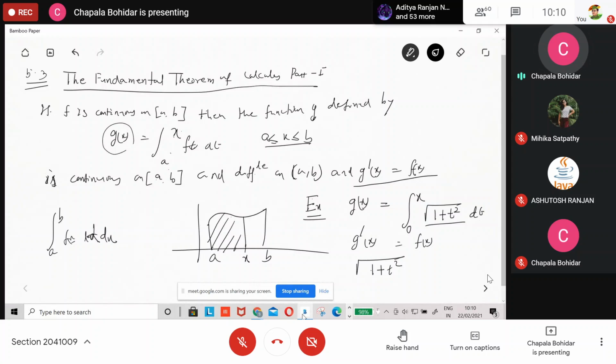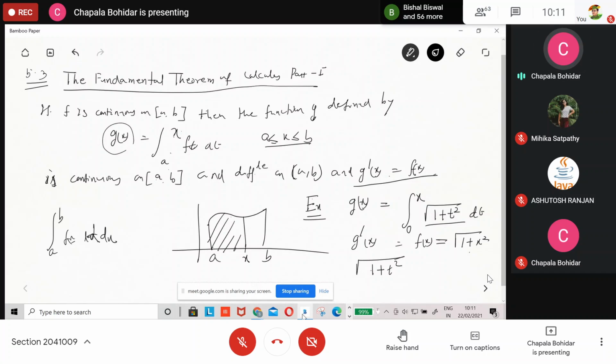Tell me first, is 1 plus t squared continuous? Yes, ma'am. It is also differentiable here. So g'(x) is the square root of 1 plus x squared. It is written g'(x) is equal to f(x), so here this is our f(t), and we convert it like this. That is our answer.